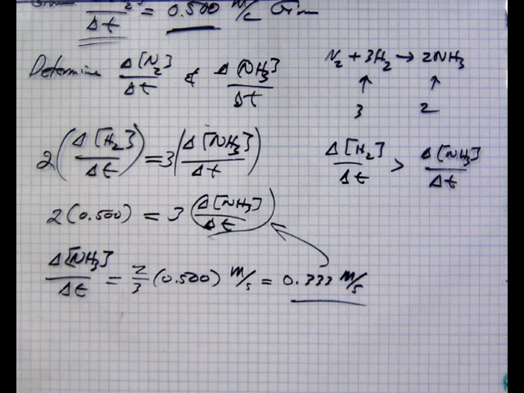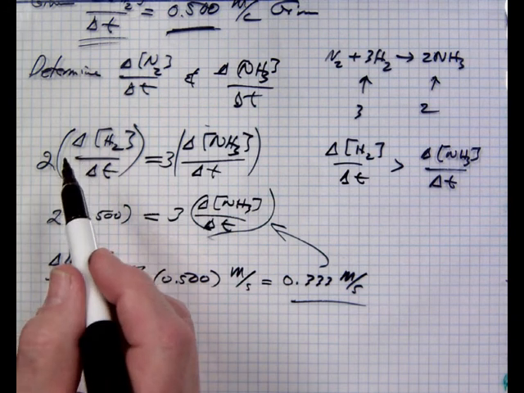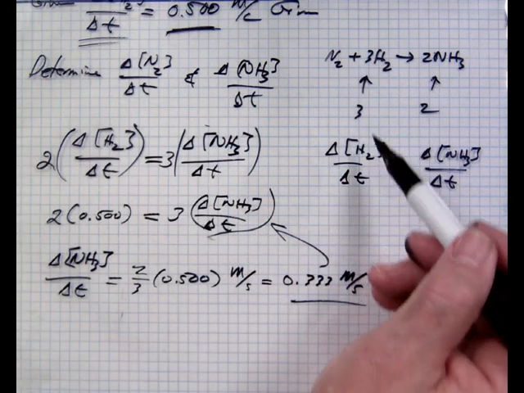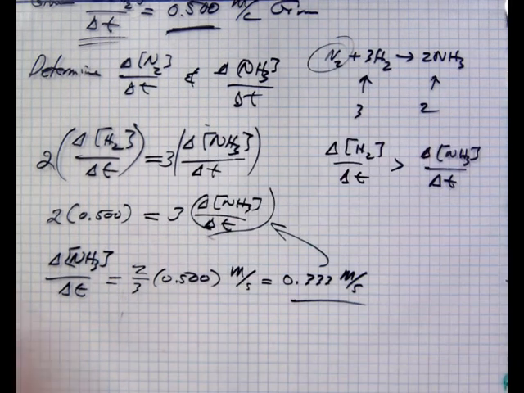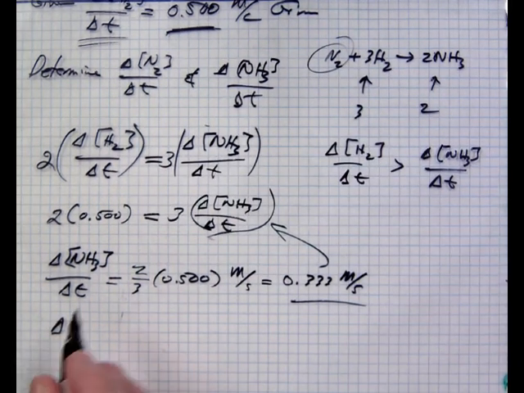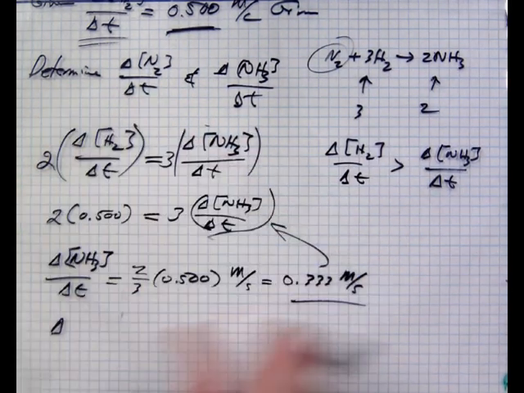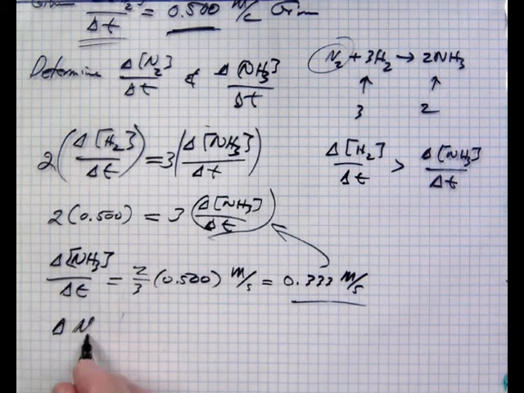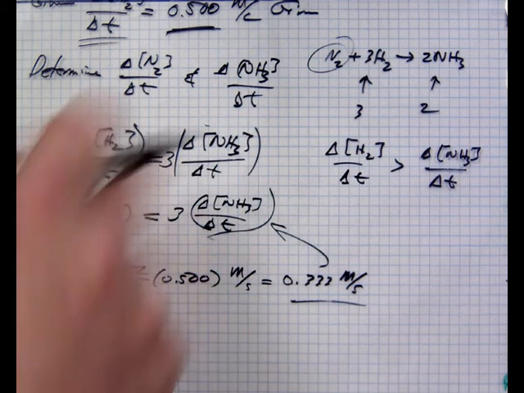Finish this one. This gives us ammonia, but what about the hydrogen? Well, nitrogen is one. You could use either one of them now because you have 2 data points that you can use. We'll stay with the hydrogen.